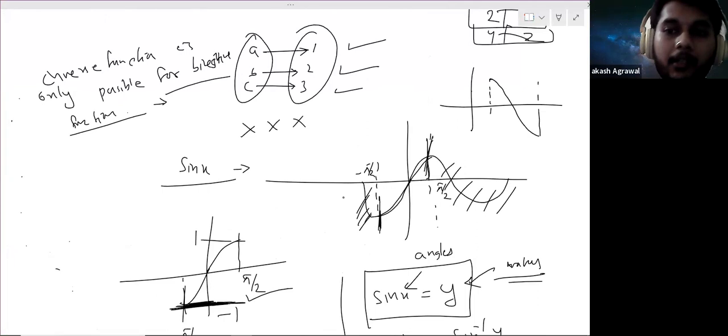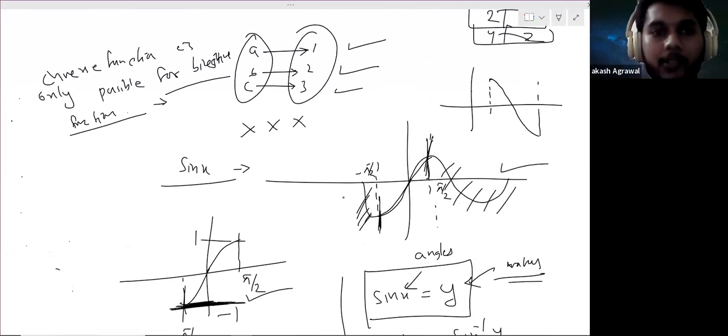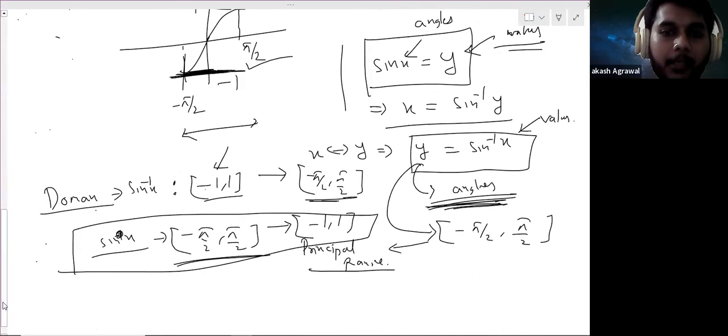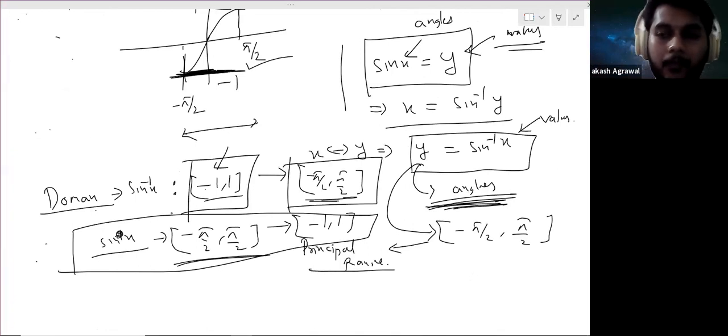So why not take this graph? This is also possible. So these are different ranges according to different questions. They will always mention that x will belong to from where to where. Mainly we take the principal range. Yes or no? Yes, sir. Please note this down.